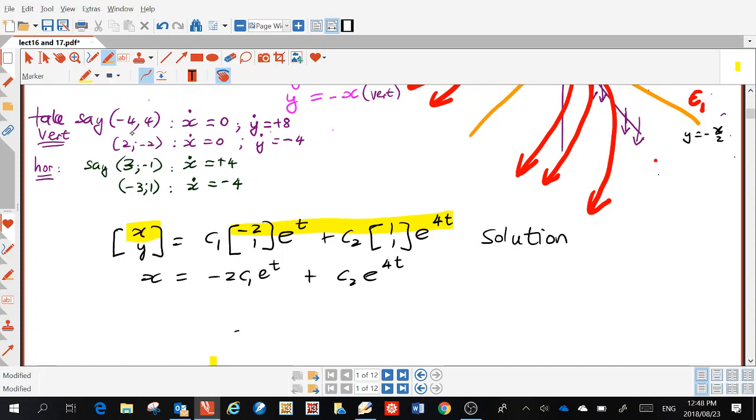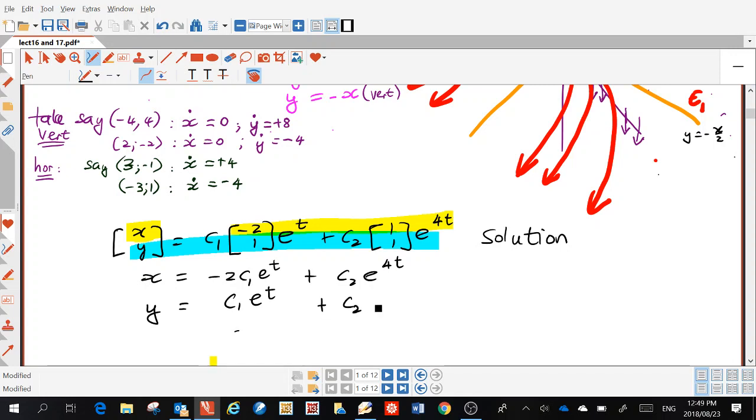The bottom row becomes the solution for y. So y is actually c1 e to the t plus c2 e to the 4t.